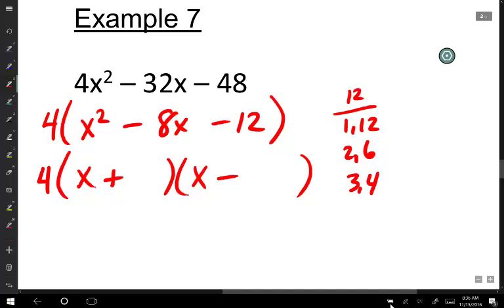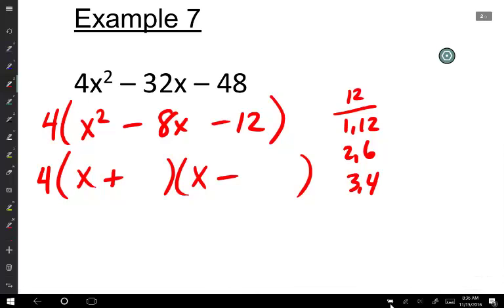Which one of those, using a plus minus, gets you to negative 8? 3 and 4 gets you to 1 or negative 1. 2 and 6 gets you to?